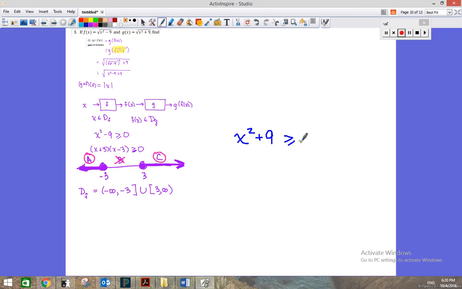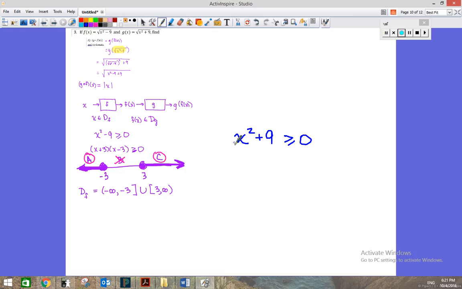This is a lot easier than the last one, because over here I factored it and I found that some values on the number line produced a positive number, but some values produced a negative number. When we look at x squared plus 9, x squared is never going to be negative. The smallest x squared can ever be is 0.